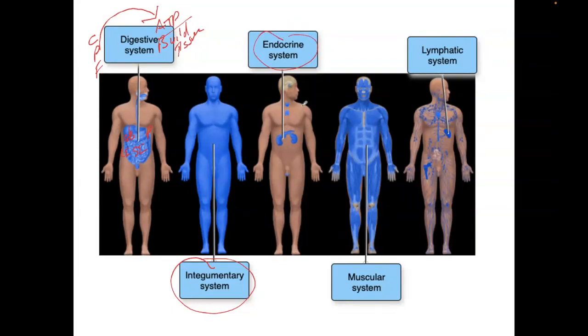Endocrine system. We have endocrine organs that produce hormones, and hormones are going to move through the circulatory system to go to their target cells to help influence function of the human body.